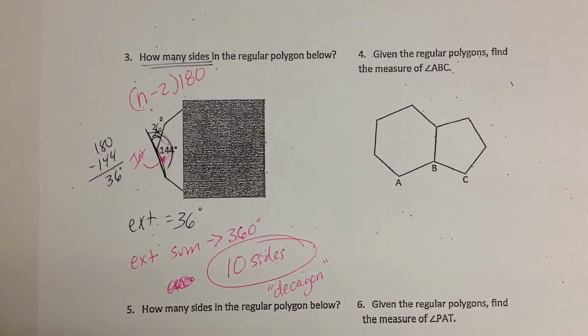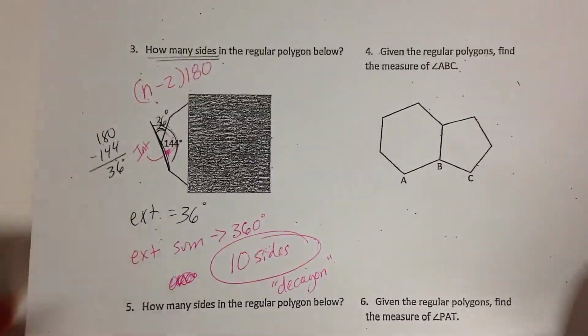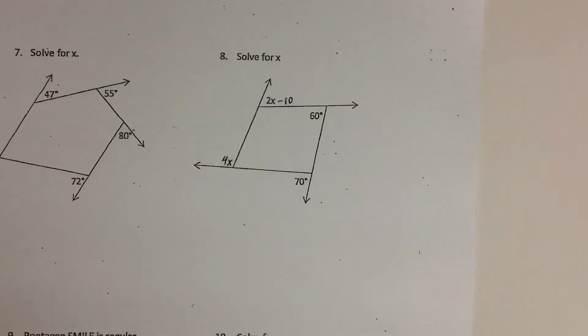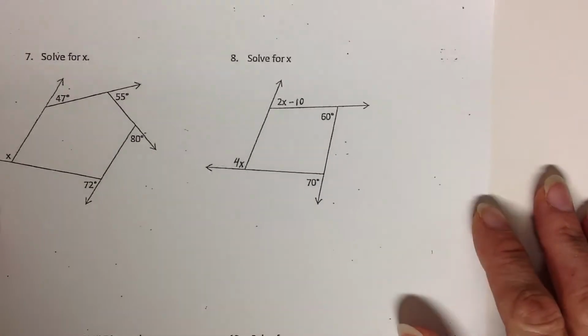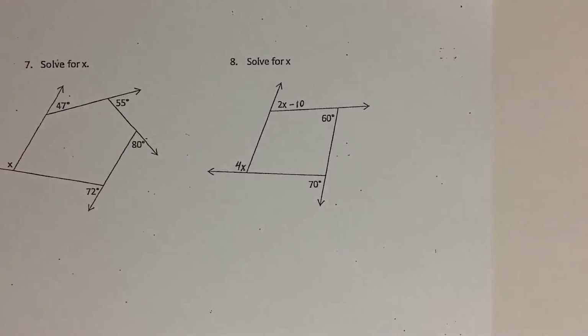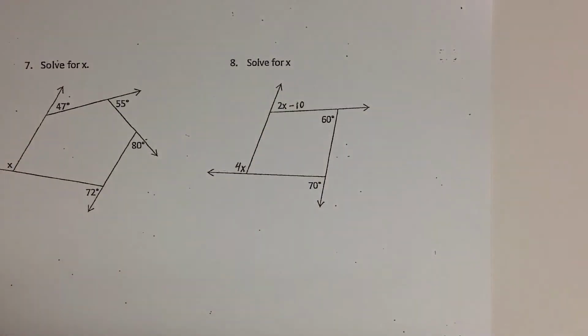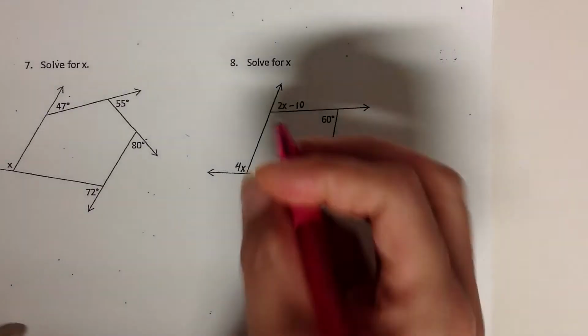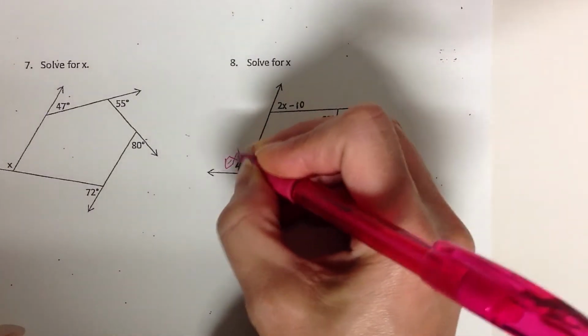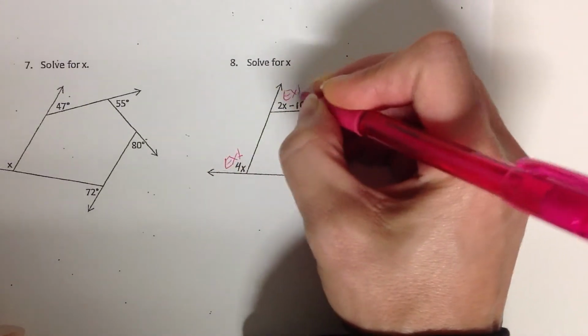Okay. Let's look at one other type of problem before you go practice all this stuff. Page 11, number 8. Sometimes we have these expressions where we know we're going to be looking for an equation. So I look at these angles and I'm asking, what is it? This is an exterior, this is an exterior.